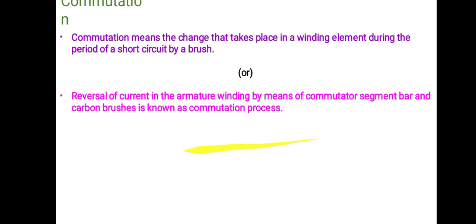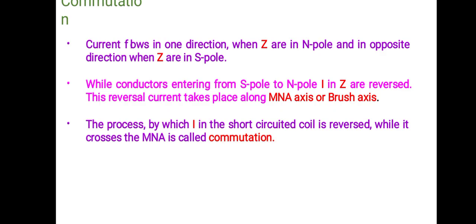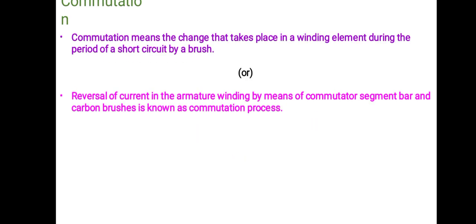In other words, we can define commutation as reversal of current in the armature winding by means of commutator segment bars and carbon brushes, known as the commutation process.